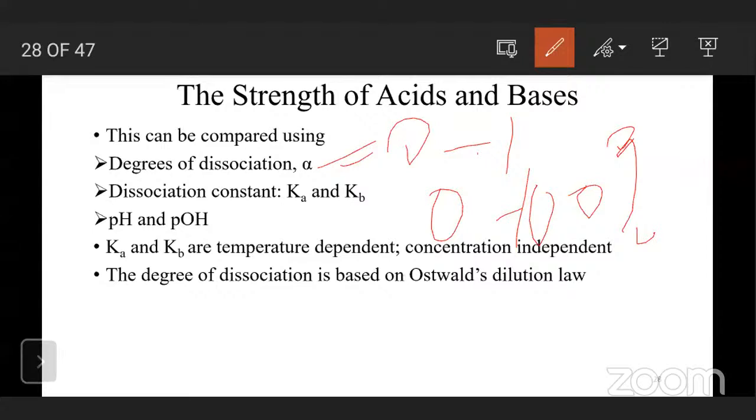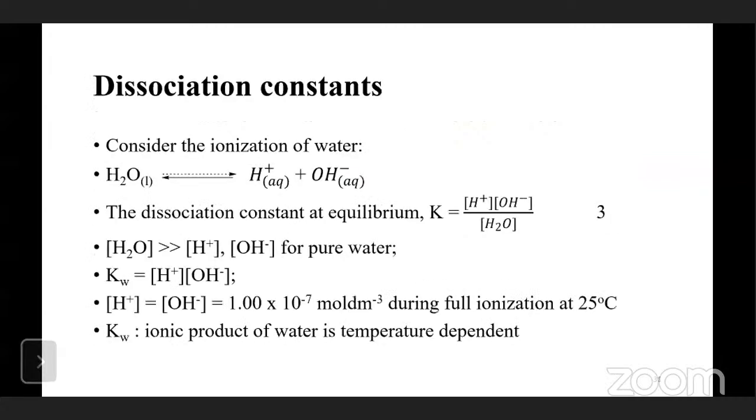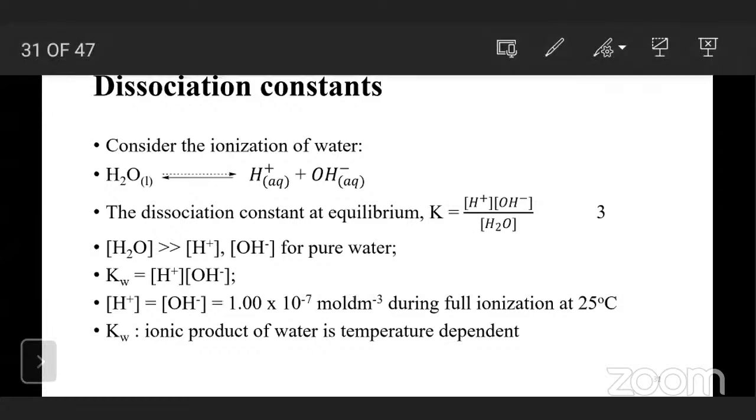We also looked at the concept of the dissociation constant, and there we looked at the ionization of water, and we also treated the dissociation constant of water at equilibrium. We said that the reverse process is better favored than the forward process.